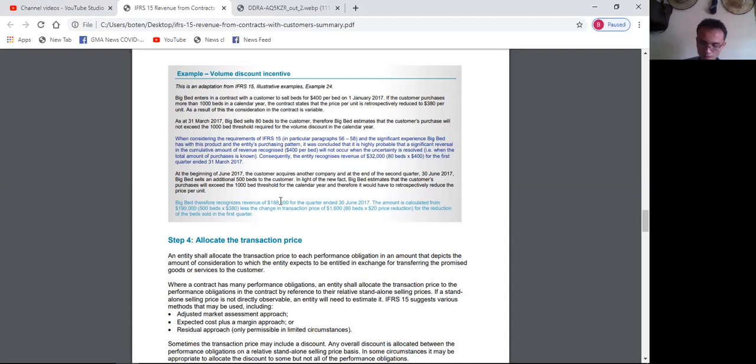Then 500 times 380, 190,000, plus 30,400 equals 220,400. Or we can simply compute 580 units total times 380 equals 220,400. That's the total revenue for the 2 quarters.